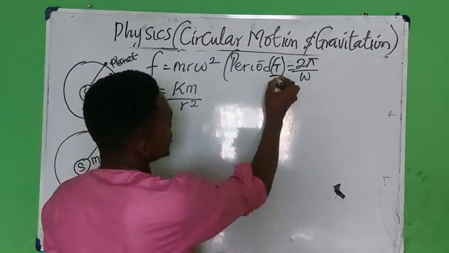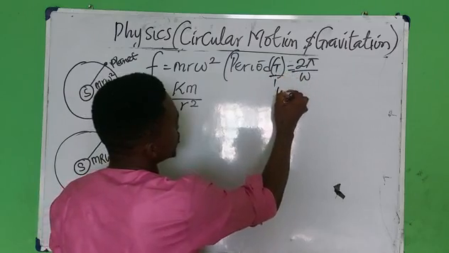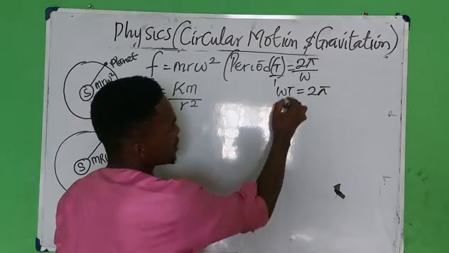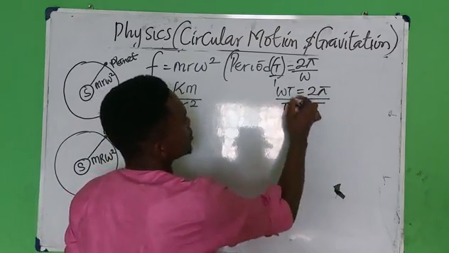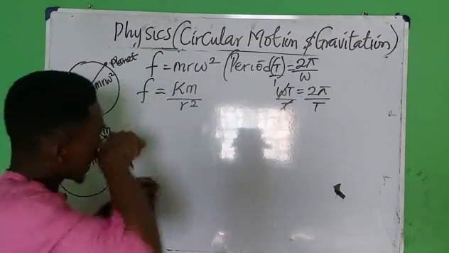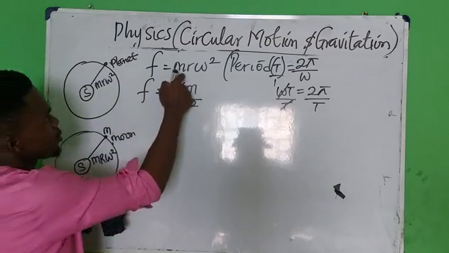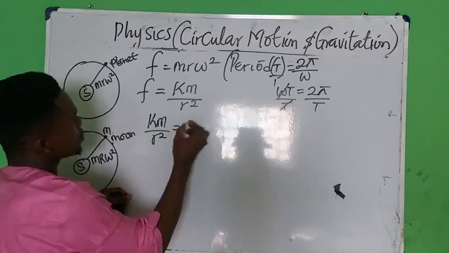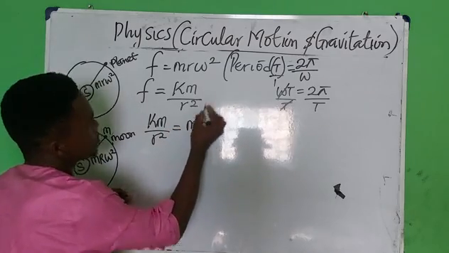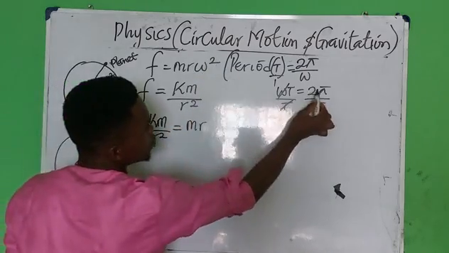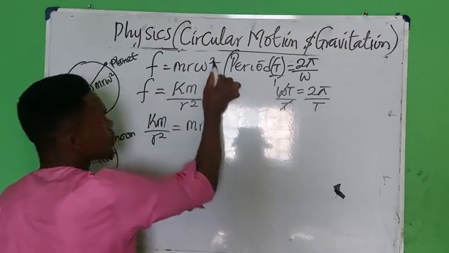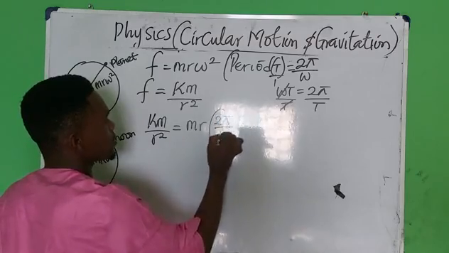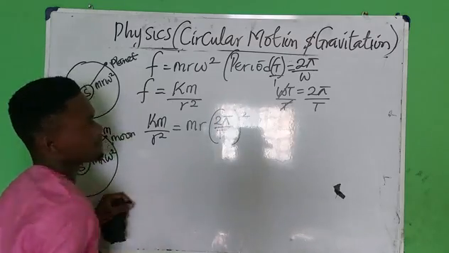From what I have here, we have to make angular velocity the subject of the formula. In doing that, I'll simply cross multiply. Wt equals 2 pi, so divide both sides by t. So it means that this is equal to this. So Km over r squared equals mr. Don't forget, I'll substitute this into what I have here: 2 pi over t all squared.